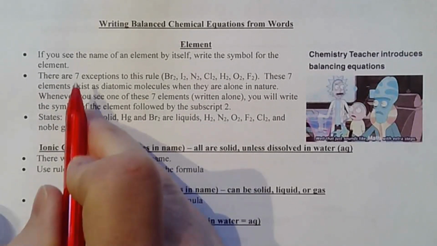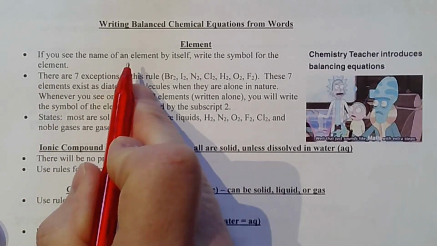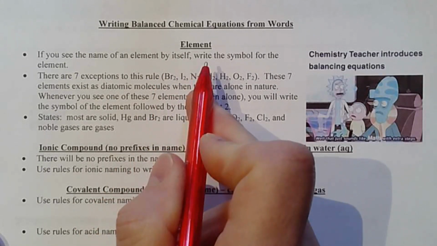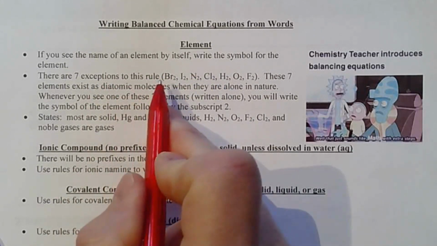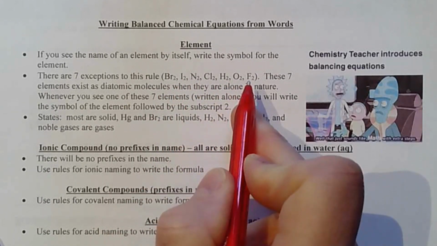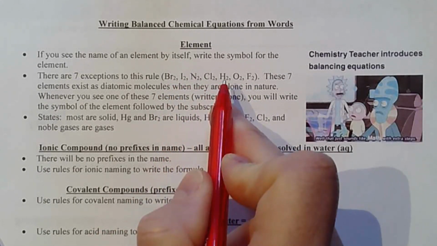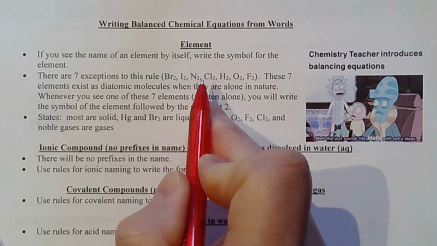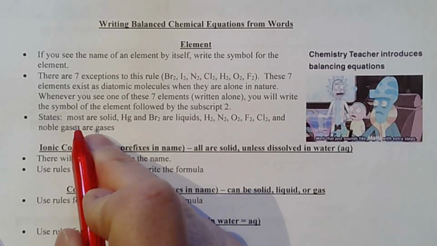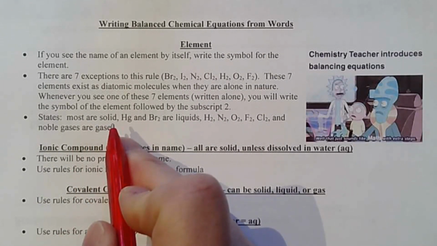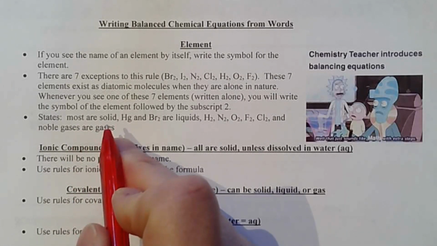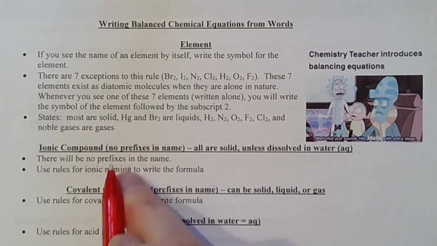So, couple things. If you see the name of an element and it's not a compound, just write the symbol for the element. Just have to remember the Brinkelhoff elements, the 7, that if they are in their elemental form, they're in the diatomic state. And we want to get some practice, including with the state symbols, solids, liquids, and gases.